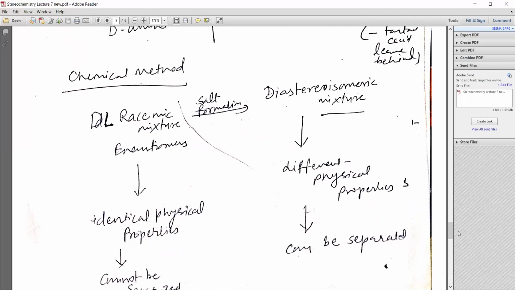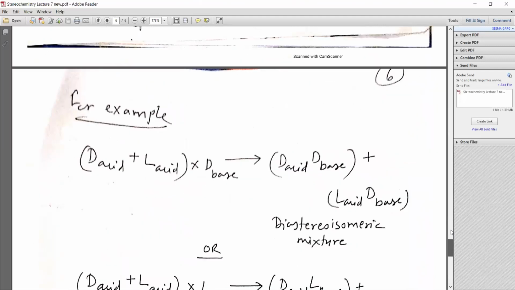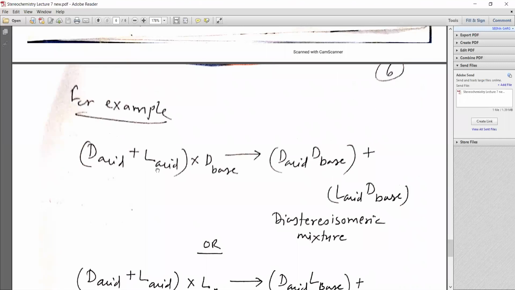For example, D acid plus L acid. This is a racemic mixture, enantiomers. When it is reacted with D base, we will get D acid D base plus L acid D base. They are a diastereoisomeric mixture.